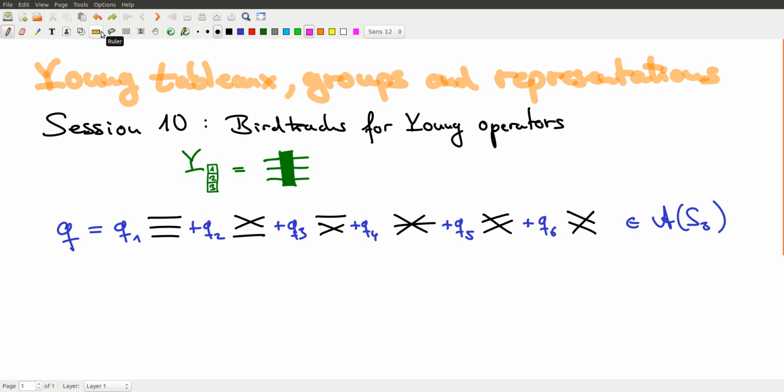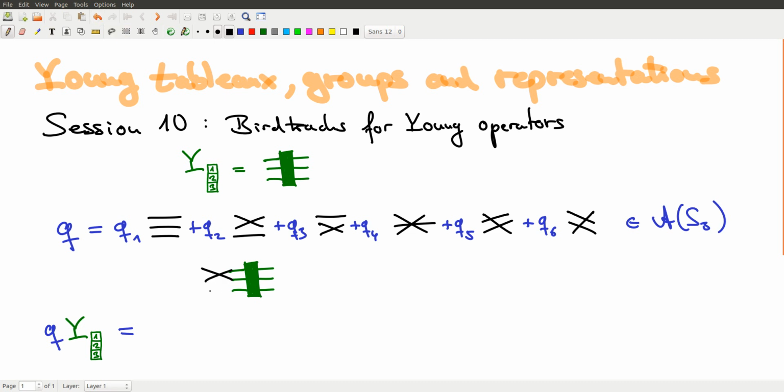So we have to calculate what is Q times this Young operator. Okay, and we can do this with the individual terms. So let's just take the Young operator, and now if we write the identity here, then clearly it's again the same Young operator, the antisymmetrizer.